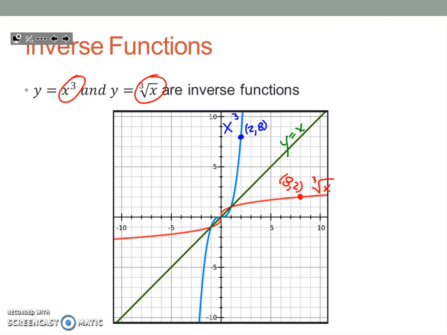Now, if you notice, looking at the point on my cube function up here and the point on my cube root function down here, what happened with their x and y values? Their x and y values just switched. Instead of it being 2, 8, it became 8, 2. And that's, again, key for inverse functions. Your x and y values must switch.